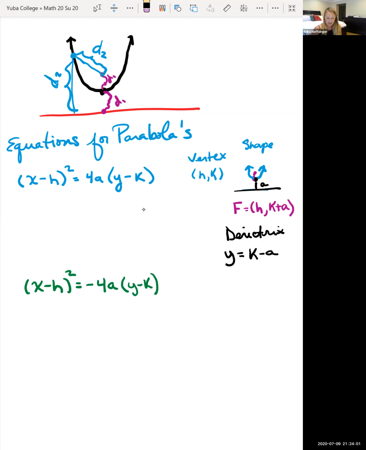Vertex, same idea as above. It's HK. Looking at this, if you have an x squared value, your coefficient in front of the x squared is negative, or if it's in this form, this is a negative value in front of this parentheses. If that's the case, then the parabola is facing downwards.